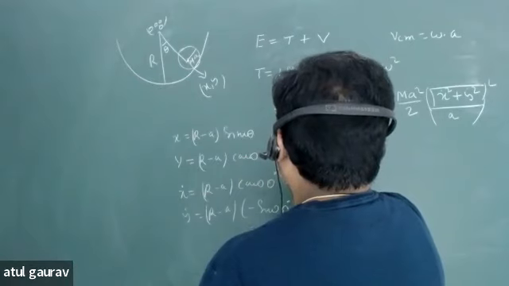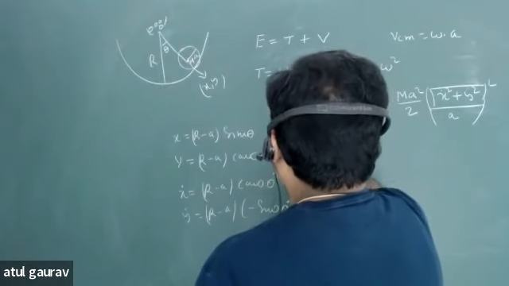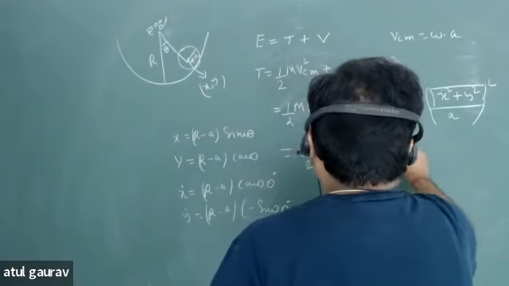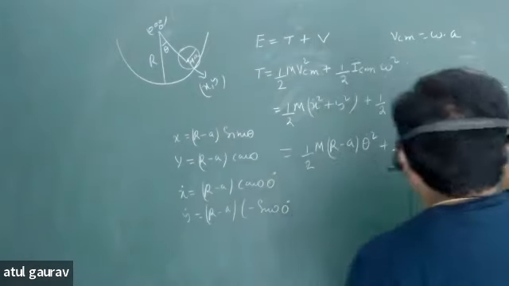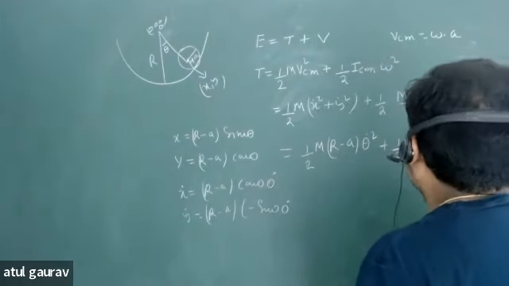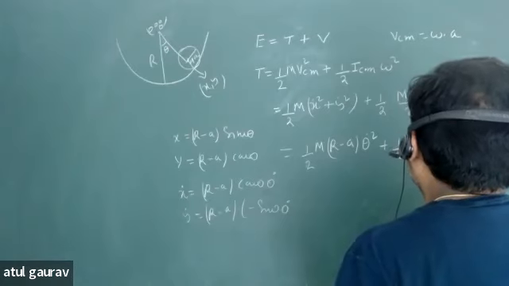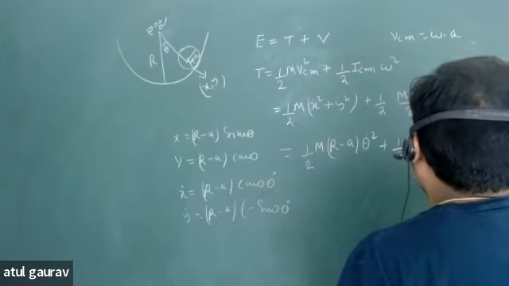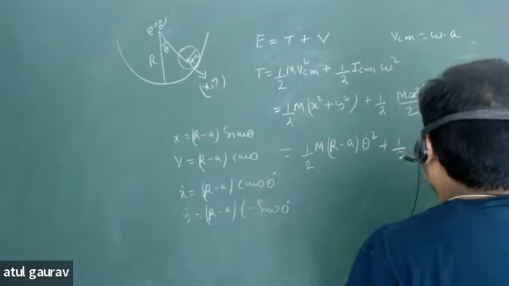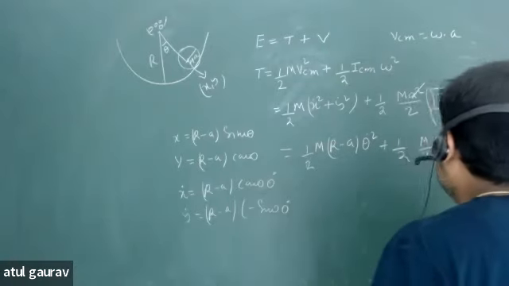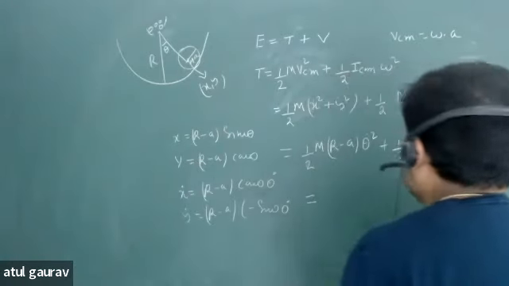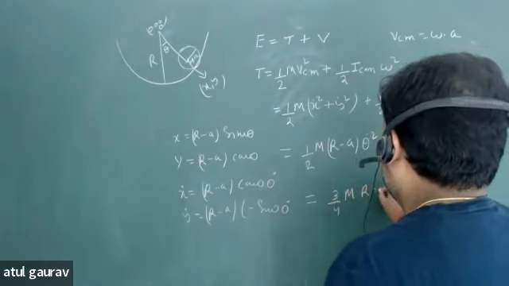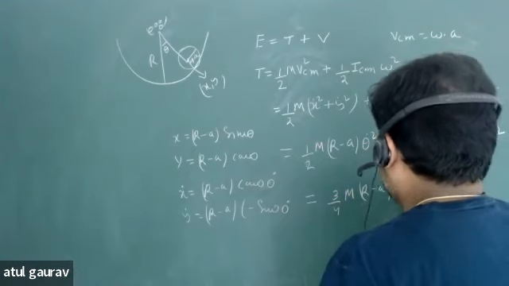So this value is what? Half m (r minus a) theta dot square, plus half, and you can see this a square and this a square cancel out, है ना? And you have half m by 2, again you have (r minus a) theta dot square. क्या आ जाएगा ये वैल्यू? 3/4, है ना? 3/4 m (r minus a) theta dot square.